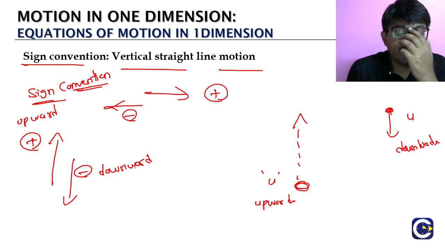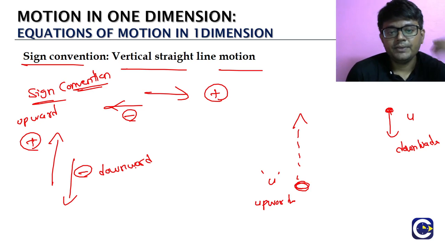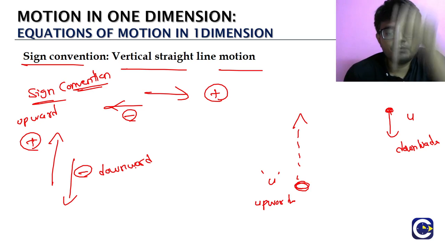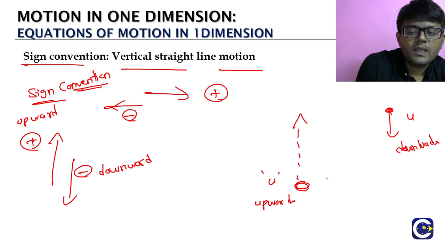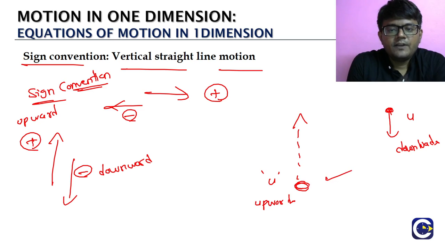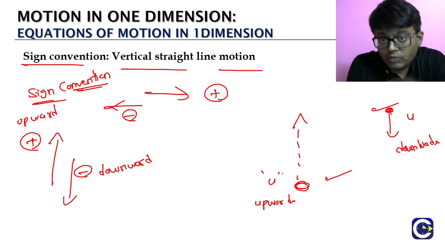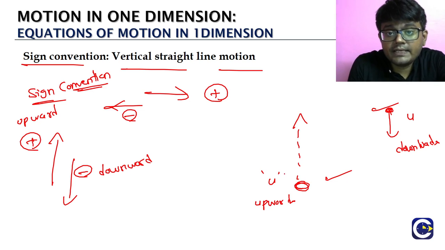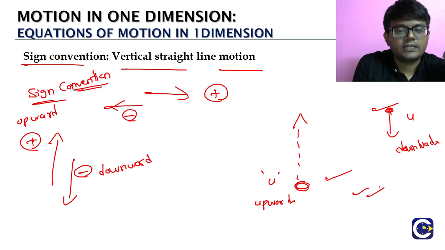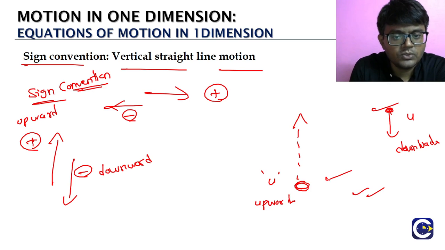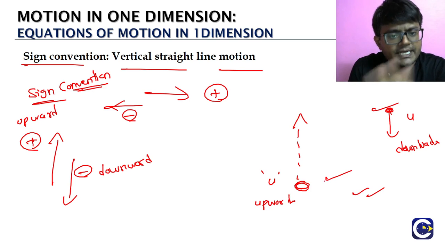Now some people might argue, why not follow the sign convention based upon the problem? If in a particular problem our initial velocity is upwards, we take upwards quantities positive and downwards negative. If in another problem the initial velocity is downwards, we take downwards quantities positive and upwards negative. You can do that as well, because nothing stops you, and that is also correct.